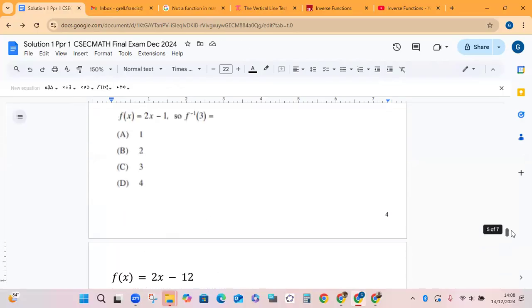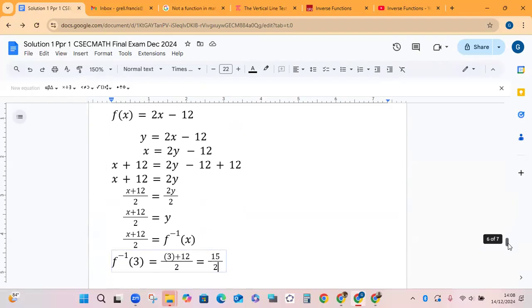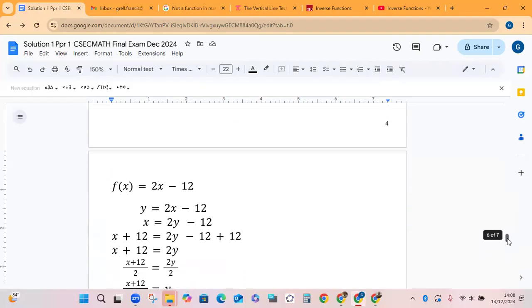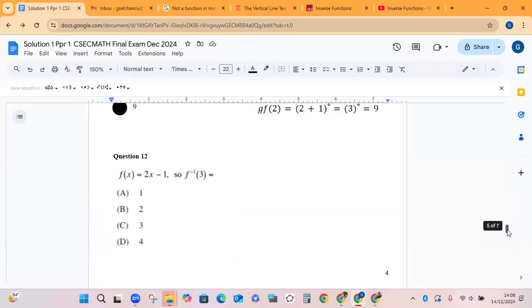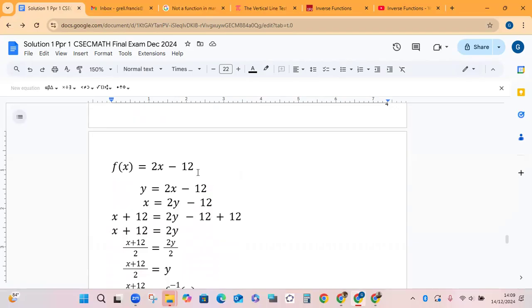Let's see which one is 15 over 2. I made a mistake. It's 2x minus 1, not 2x plus 1. So I wrote it wrong. It's 2x minus 1. Yeah, that's what I have here. I have 2x minus 12, but it should be 2x minus 1, not 2x minus 12.